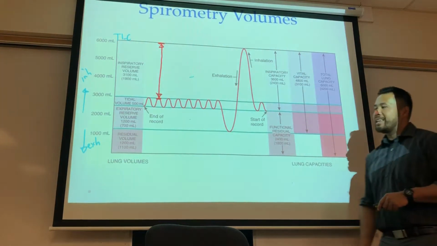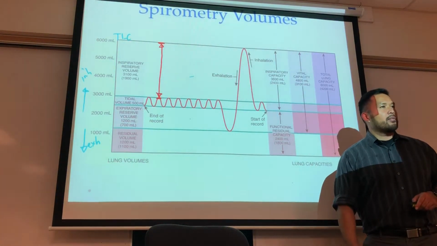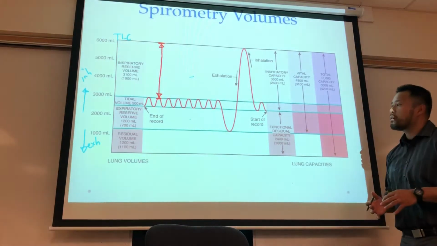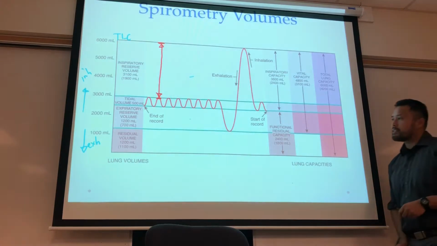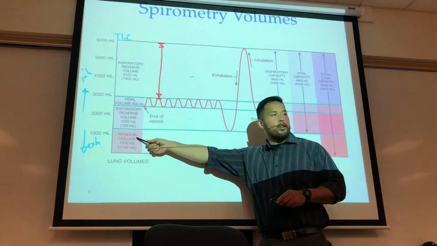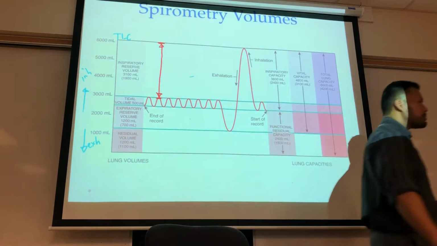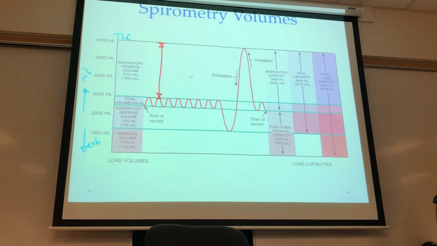What's left over is not 0 milliliters of air. There's still some leftover air residing in your lung. And what is that called? That's called the residual volume, RV. The leftover air is what prevents the airways from fully collapsing. You've squeezed everything out, you've compressed as much as you can.